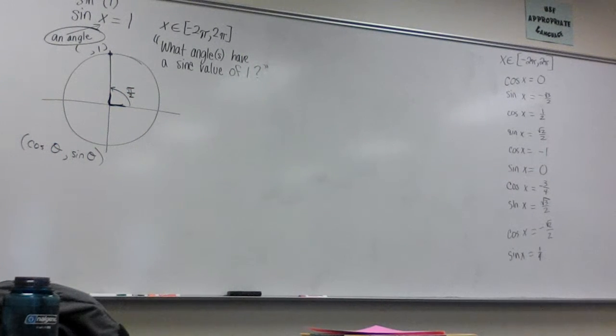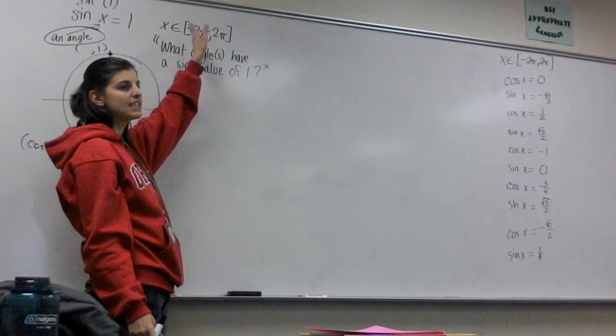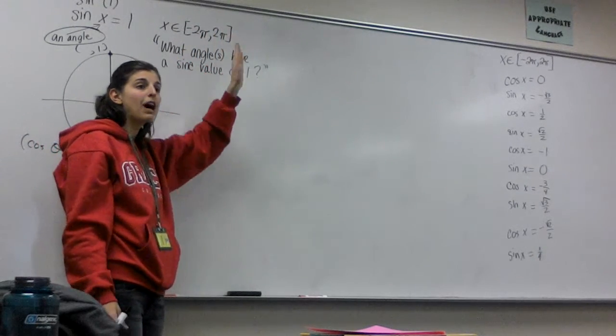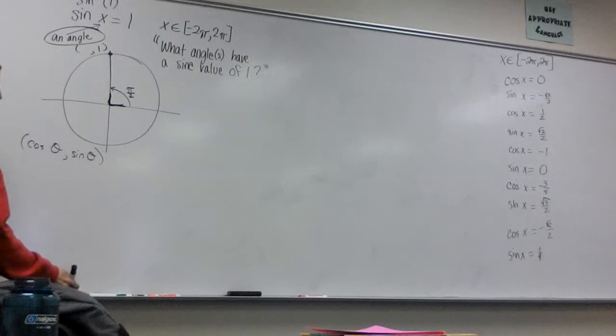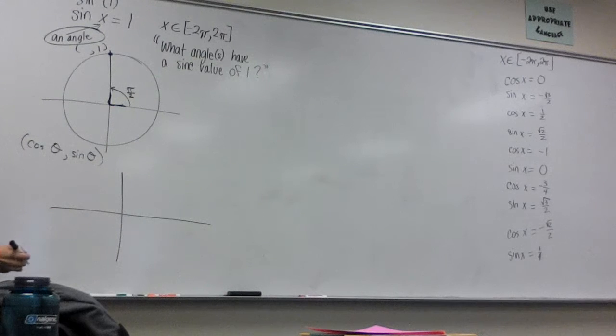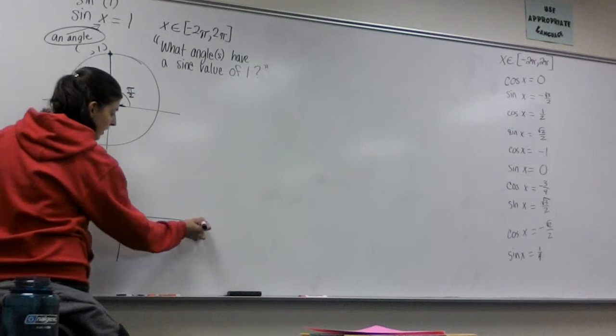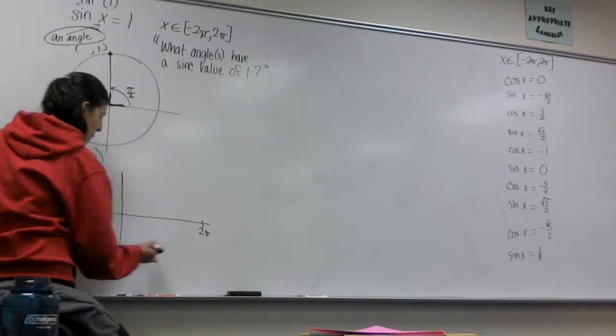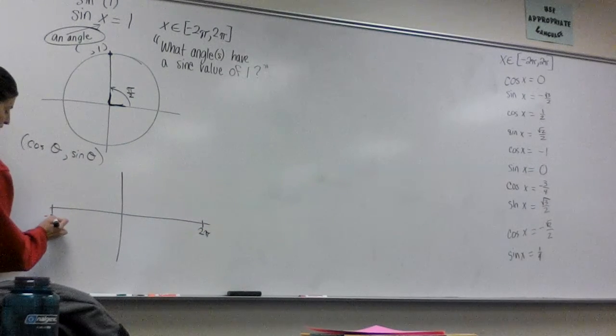However, it's not the only one because my interval that I'm set on is negative 2 pi to 2 pi. Let me put this on a picture for you. A graph of sine of x that we did on last Friday, so a week ago now. This is 2 pi. This would be like negative 2 pi.